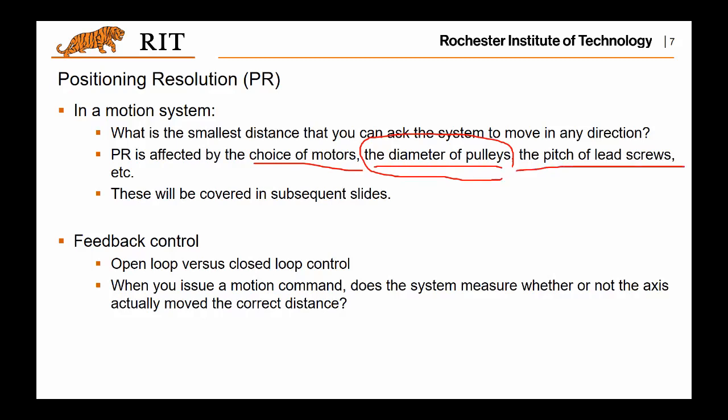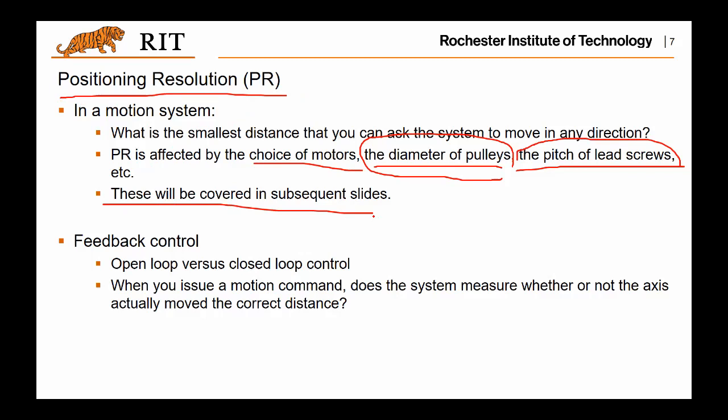In the Z direction, there are screws that have different pitches, and the pitch will determine the distance traveled along this direction per revolution of the screw, right? These are other aspects that affect the positioning resolution. And these will be introduced in the next few slides.